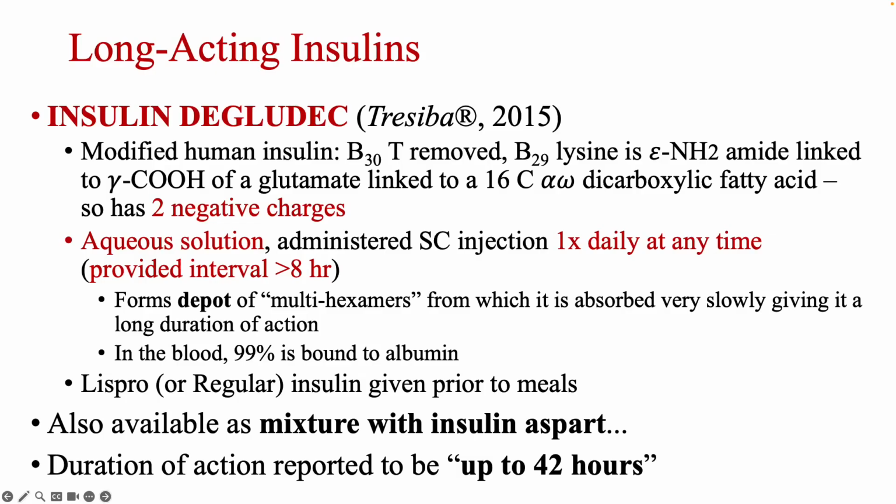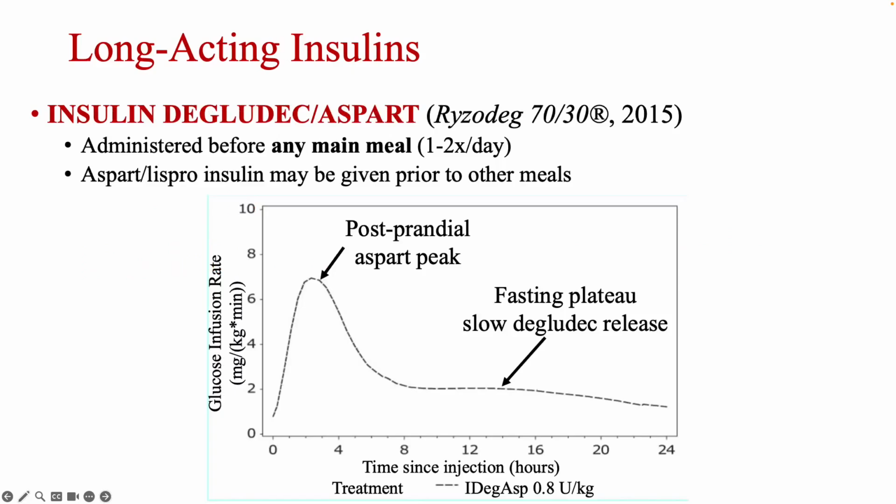You can also find that they make this drug as a part of a combination known as insulin degludec and aspart, Ryzodeg. Because what we find is in type 2 diabetics, if you use insulin, it doesn't mean that the patient has to use a long-acting insulin and then short-acting insulin before every meal and then also before bedtime, because that's too much. Most of the time in type 2 diabetics, all you need is one dose of short-acting insulin before the largest meal of the day, and then a long-acting insulin, and that's usually enough to control their A1C, less than 7.